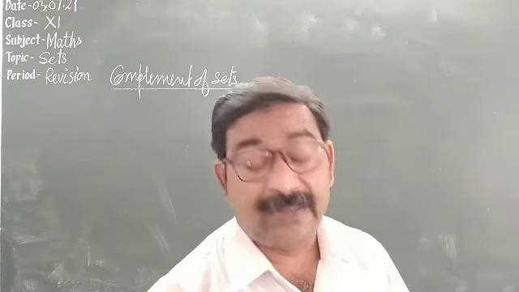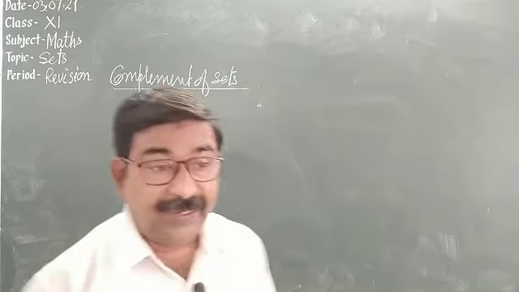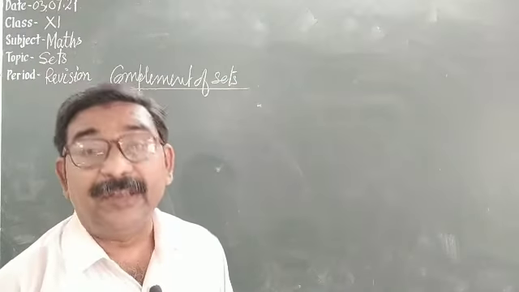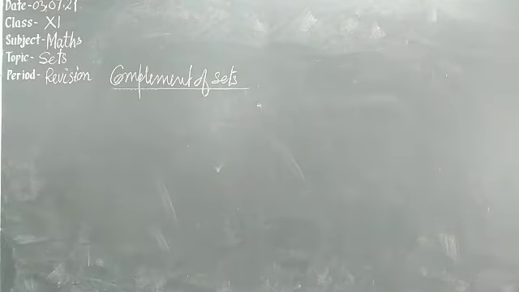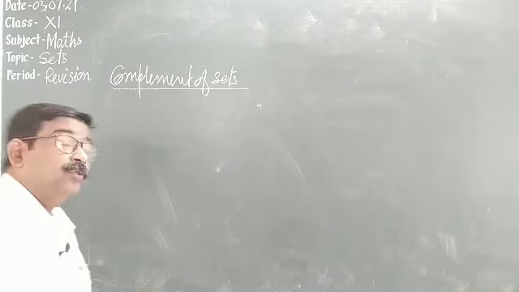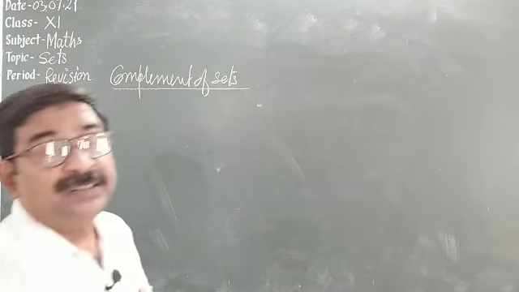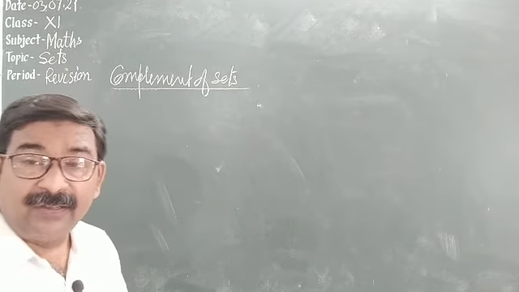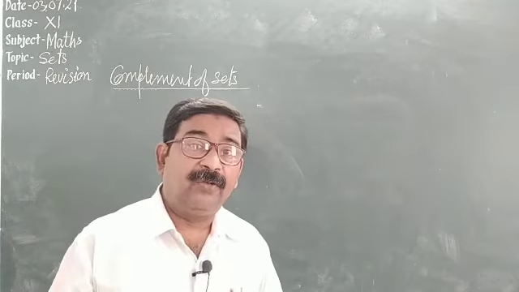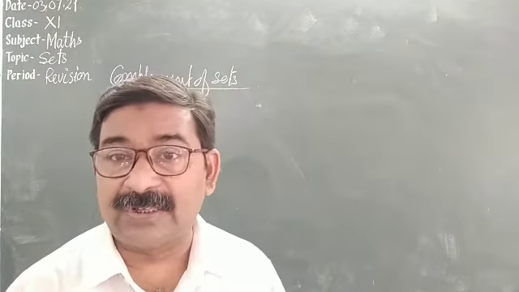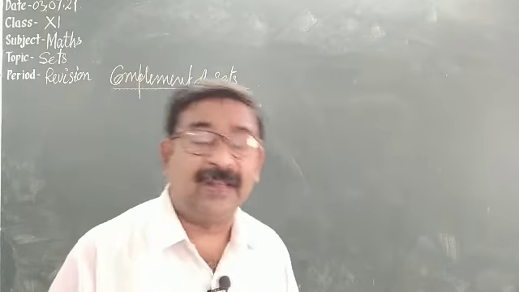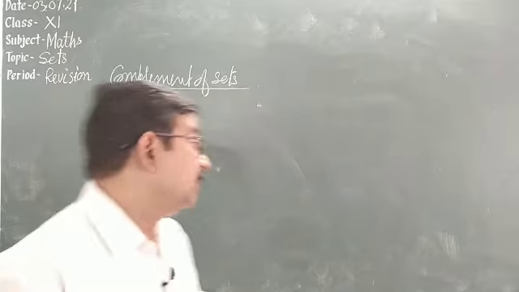For finding the complement of a set, we need a universal set and another set. So what is the complement of the set? A set is given, a universal set is given. When the elements of the set are removed from the universal set, the elements left behind are called the complement of the set.